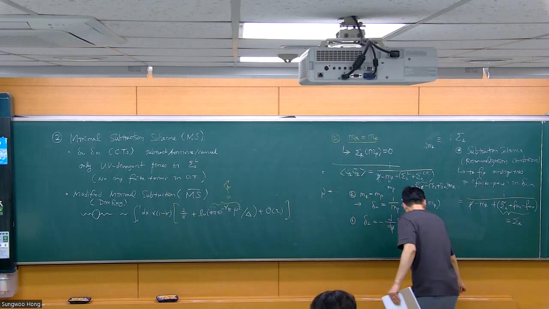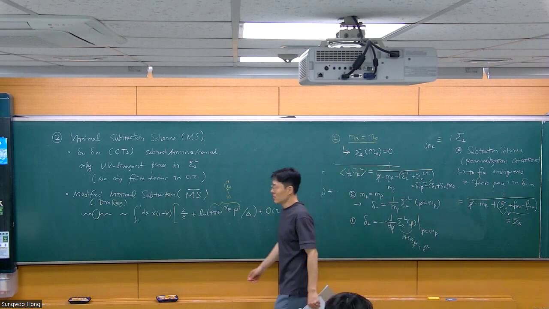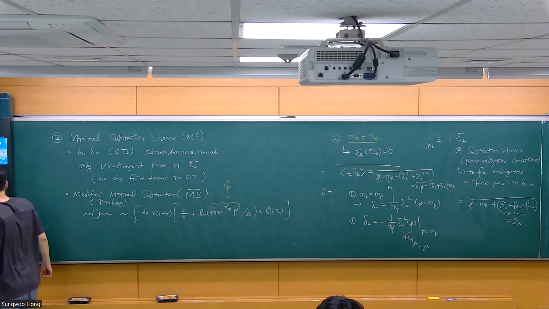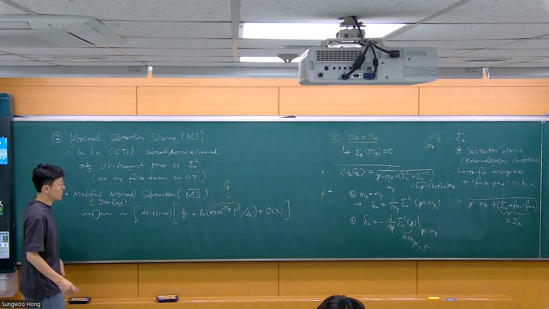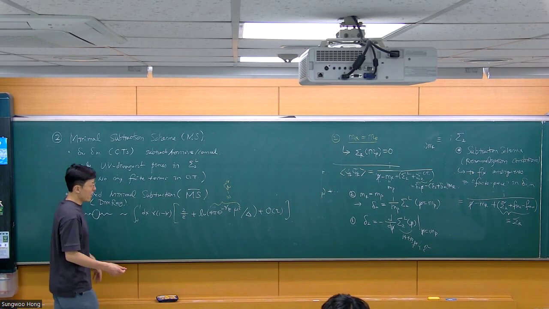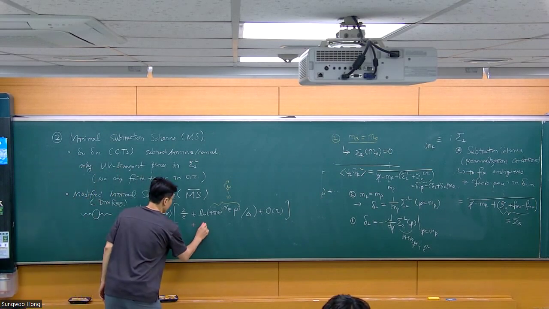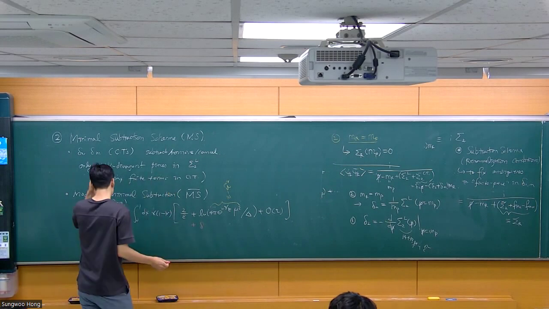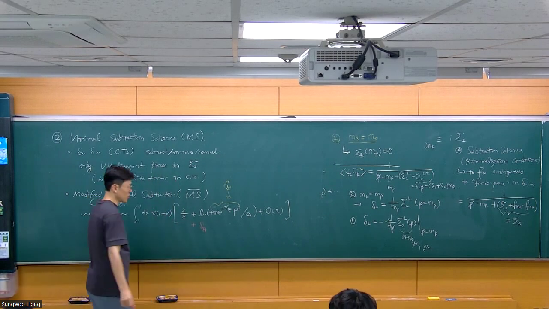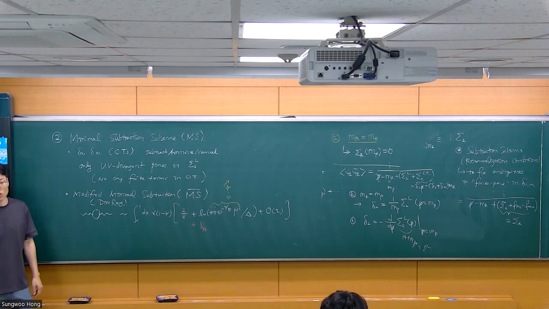Now, if you use the MS scheme, meaning minimal subtraction, not the MS bar scheme, then you will add an extra contribution, in this case let me call it delta A. Suppose you added a contribution from a local counterterm.